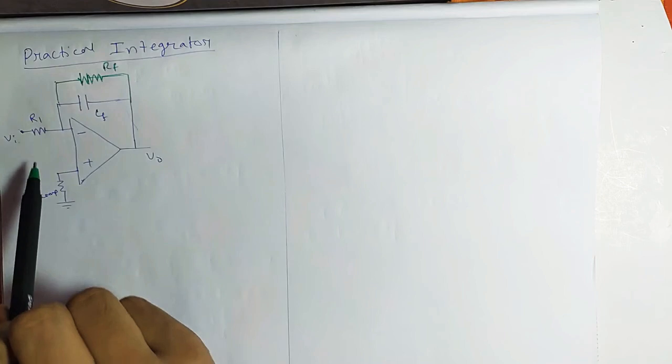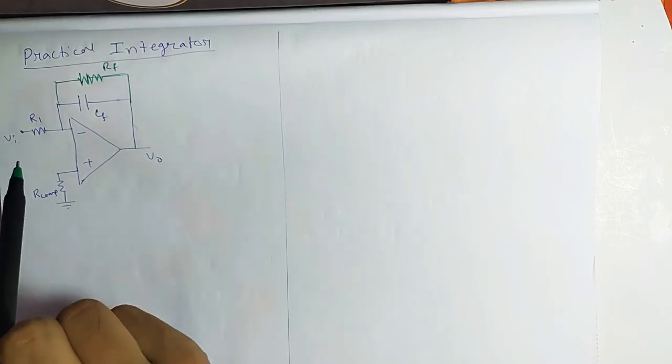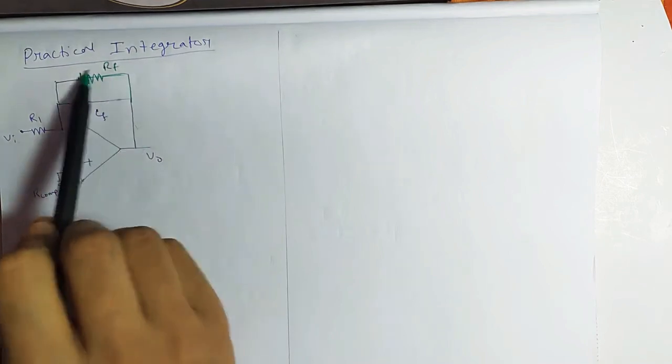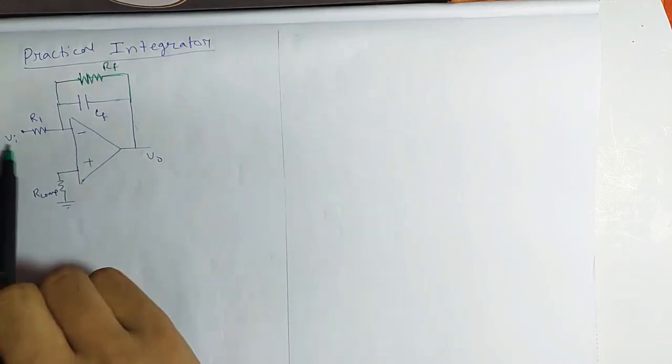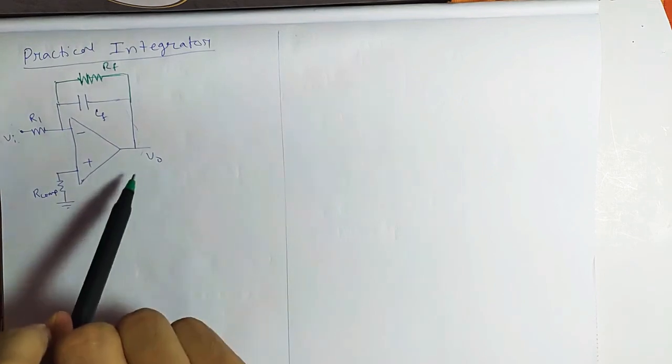So if you have an input DC component, then this will provide the negative feedback, and for the AC component, the capacitor will provide the negative feedback to avoid the output saturation.